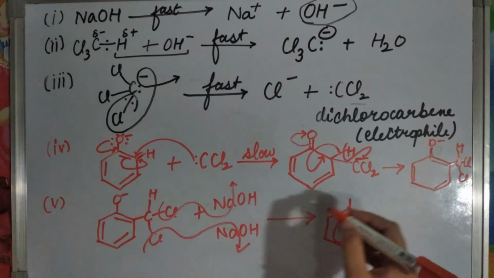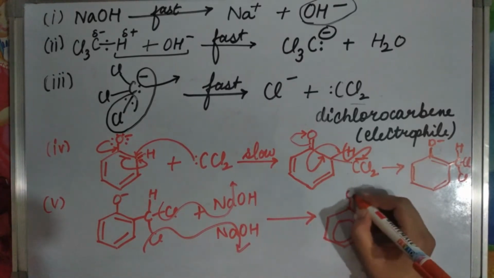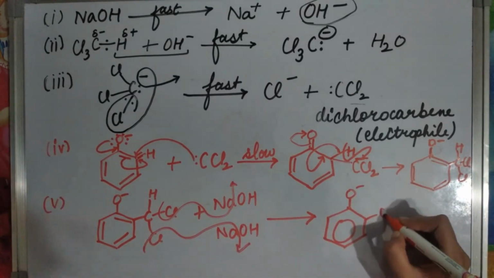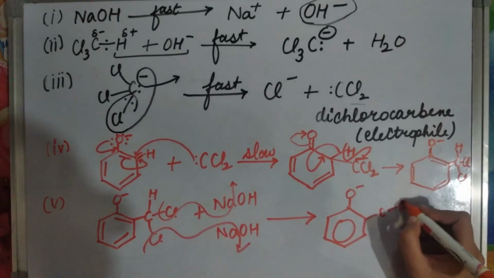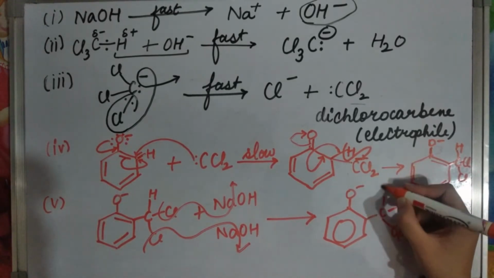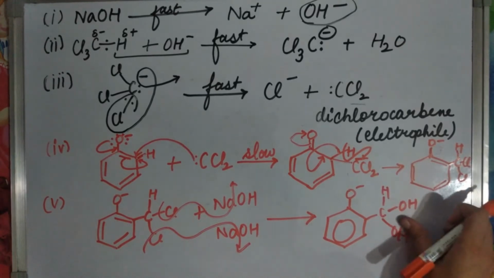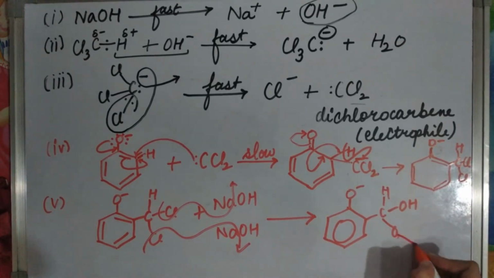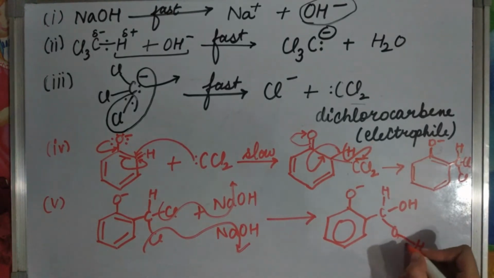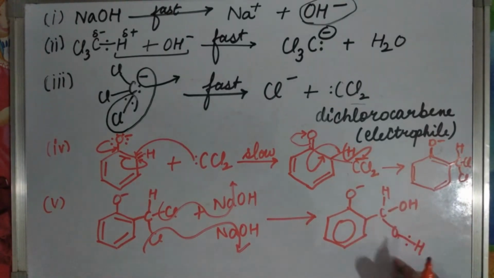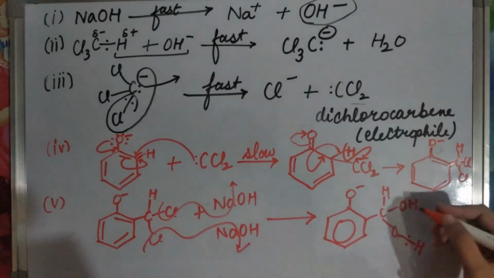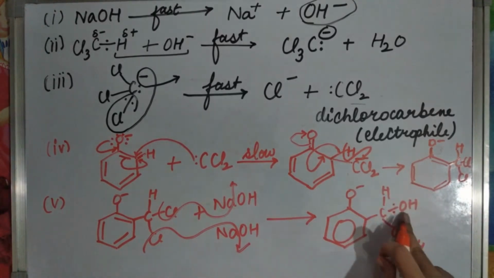I can show it with a circle, O negative as it is, and here what we get, OH and OH in place of chlorines. Now can I show this OH bond like this? Right? Now both the electrons of oxygen and hydrogen are shown in the center, and the electrons of carbon and oxygen shown in the center.